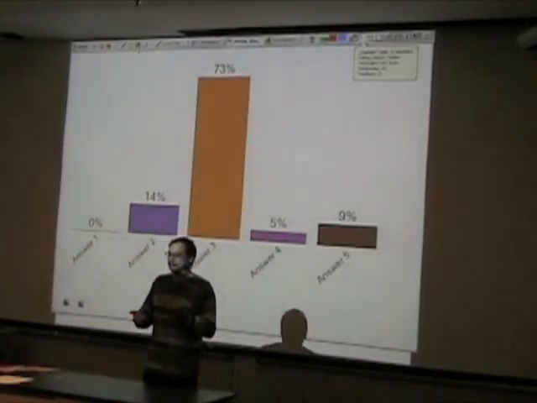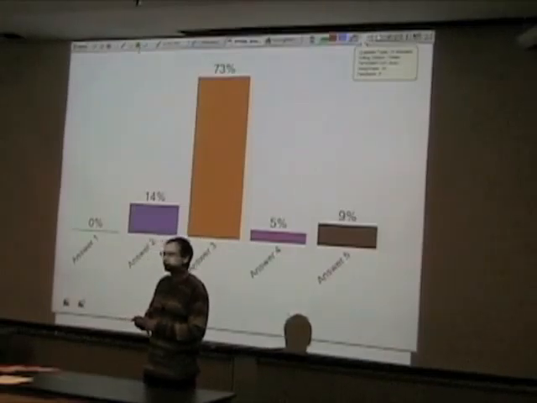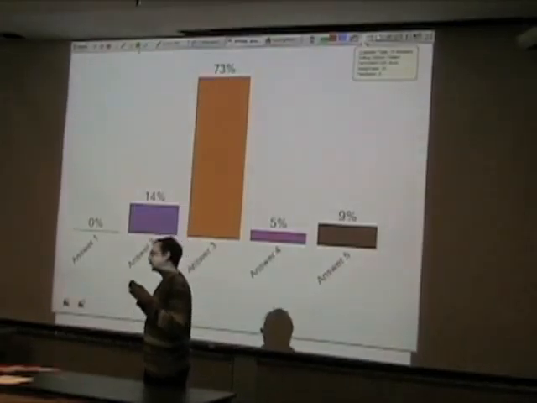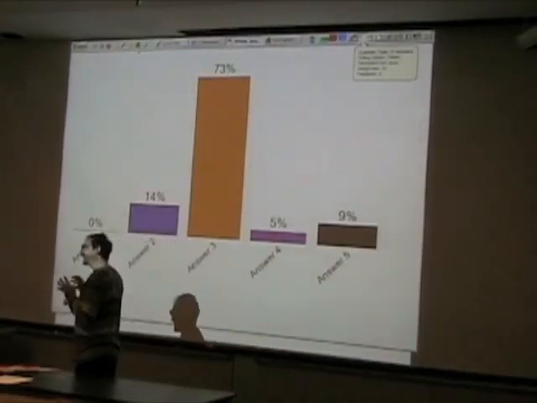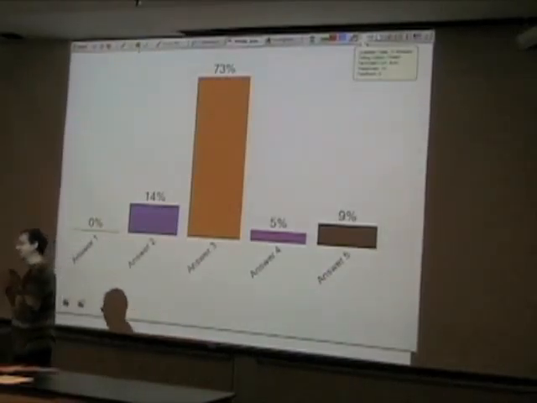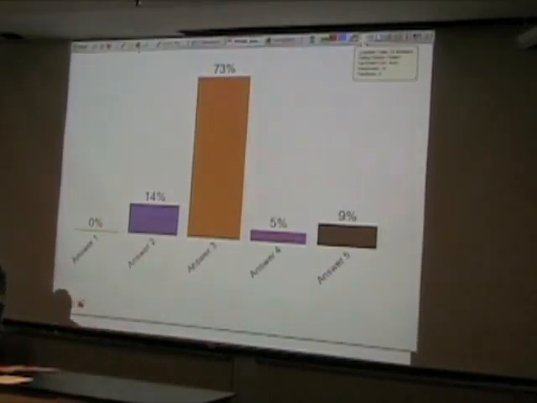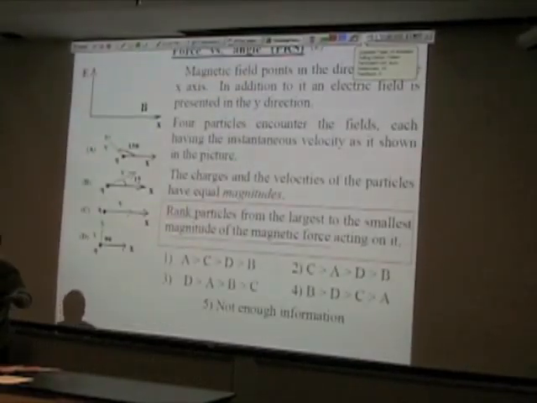Magnetic force depends on Q, B, V, and sine. If we had to answer a question related to the net force acting on this particle, the picture would be different. We would have to account for the electric field as well. But you're absolutely right. The question is to rank in terms of magnetic force only, so the ranking stays the same.